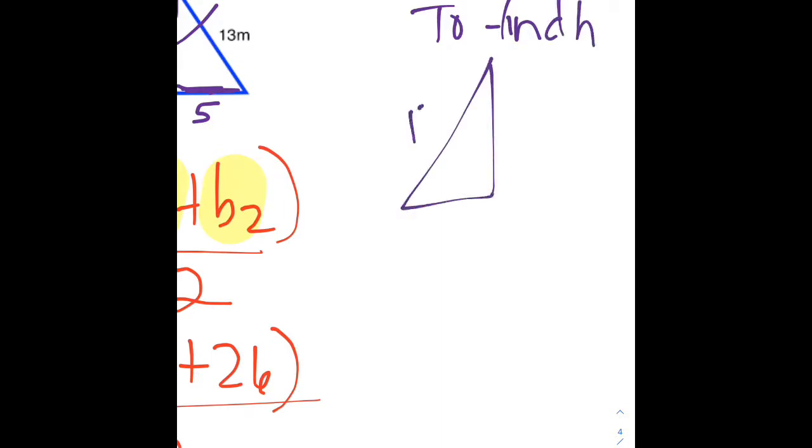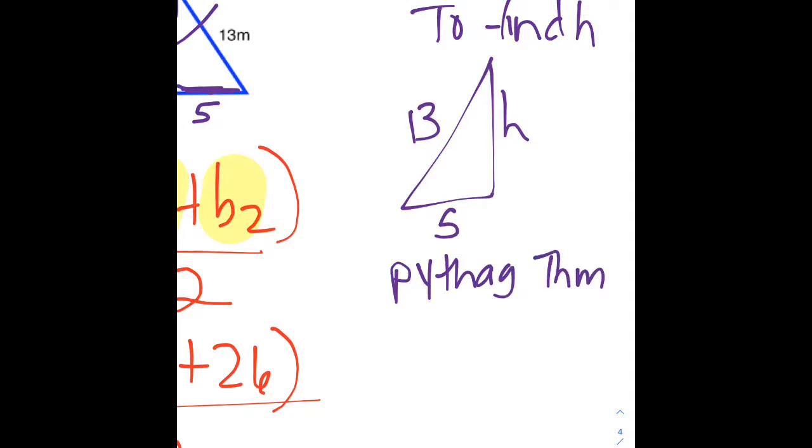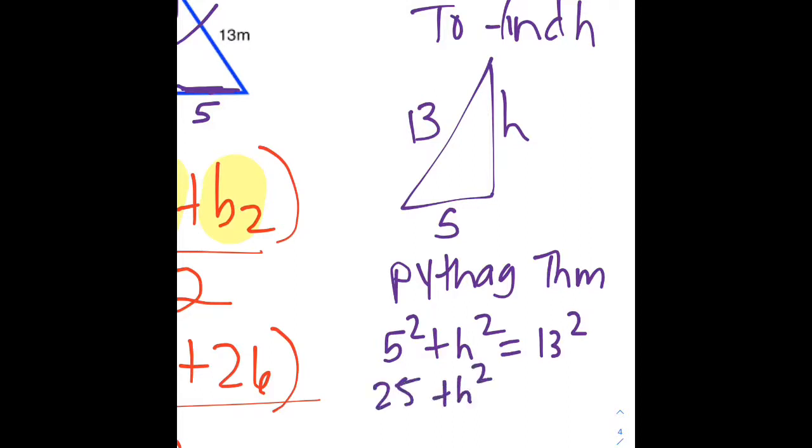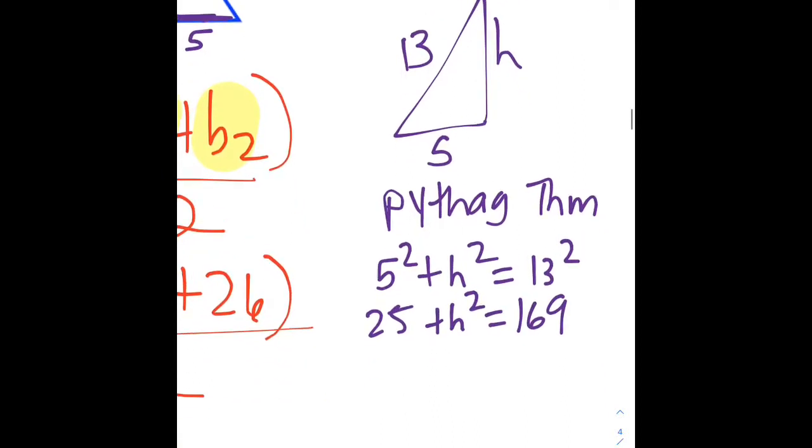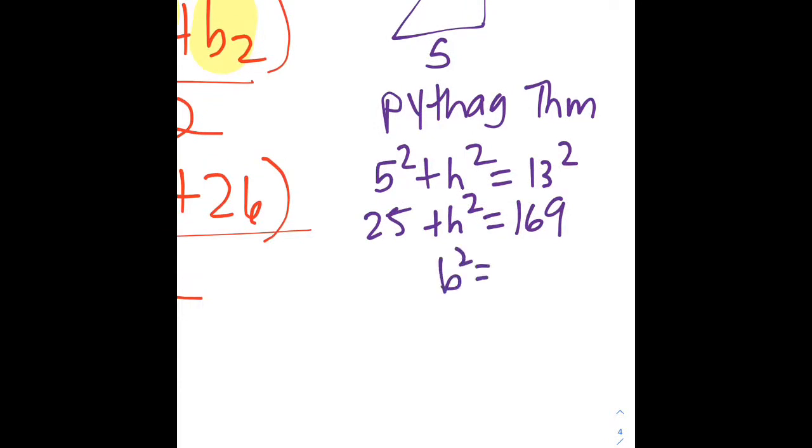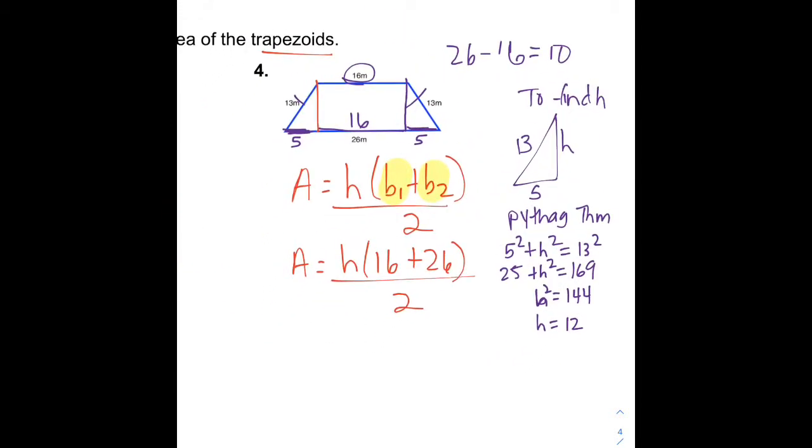So in this case, to find H, we have a triangle where this is 13, this is 5, and I want to do H. So I'm going to use the Pythagorean theorem. So 5 squared plus h squared is equal to 13 squared. So 25 plus h squared is equal to 169. If you subtract 25 from both sides, you get 144. And so my height is 12.